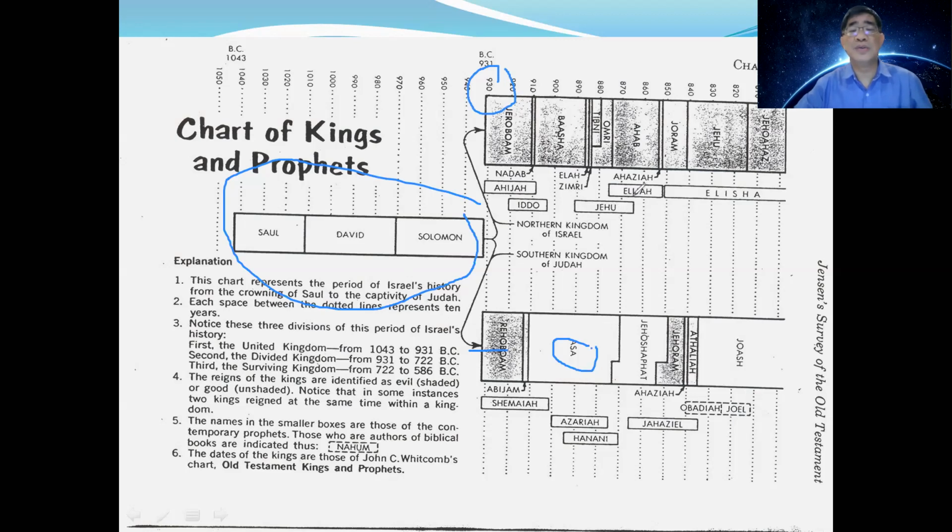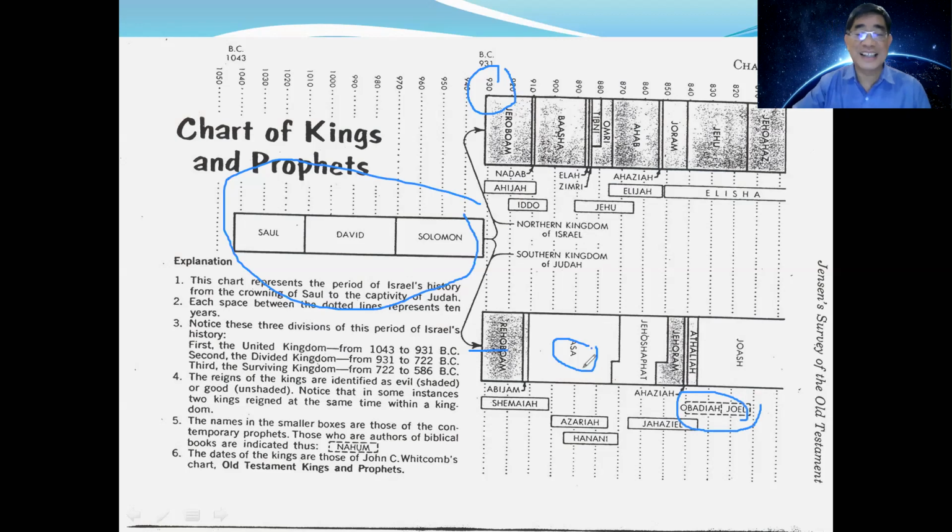These are the prophets that are speaking to Israel: Ahijah, Iddo, Jehu, Elijah. Now, these guys here in full are non-canonical prophets, meaning they don't have a Bible book after their name. You can see Shemaiah, Azariah, Hanani, Jahaziel, and so on. The dotted lines here are canonical prophets, meaning this person's prophecy is in our Bible.